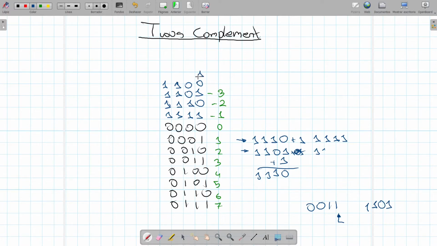So we keep those. It's -4. We keep everything until we find the 1. In number 5, the first digit is a 1 on the right, and then we change everything else. So everything else would be 1, 0, 1. So that's a -5.